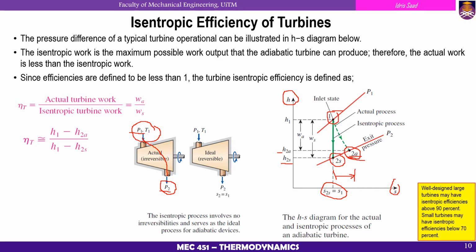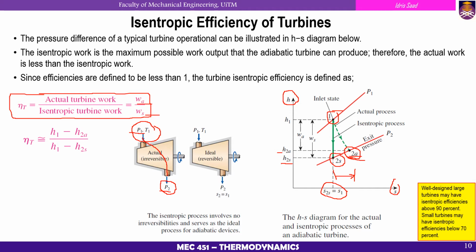Since efficiency in the topic of heat engines is defined to be less than 1, the turbine isentropic efficiency is defined as actual turbine work over isentropic turbine work, or WA divided by WS.